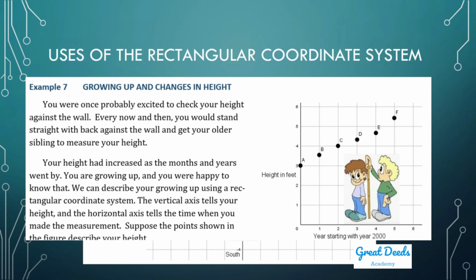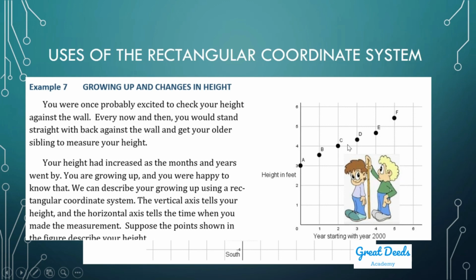Another use of the rectangular coordinate system is whenever you are observing something that shows quantity or magnitude over a period of time, you can plot that information in a rectangular coordinate system. When we were kids, we were always measuring our height against the wall. In year 2000, when we measured our height, you were 3 feet. When you measured yourself again by year 2001, your height was something like 3.5 feet.